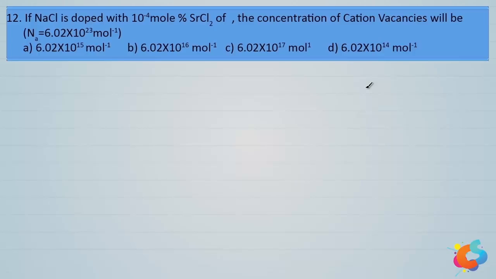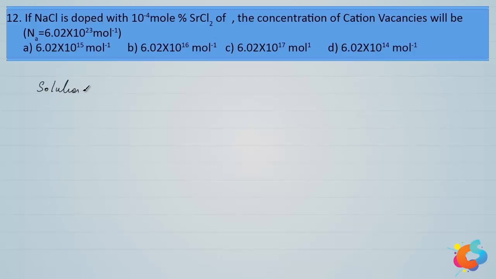The given options are option A 6.02 into 10 to the power 15 per mole, option B 6.02 into 10 to the power 16 per mole, option C 6.02 into 10 to the power 17 per mole, and option D 6.02 into 10 to the power 14 per mole.